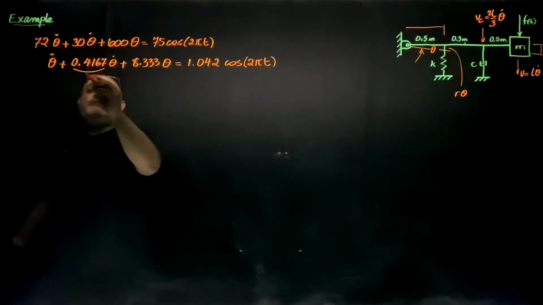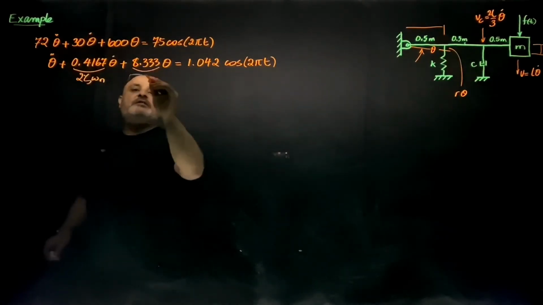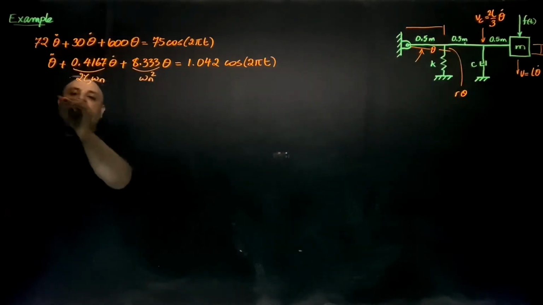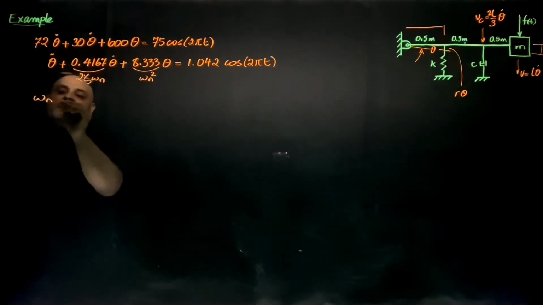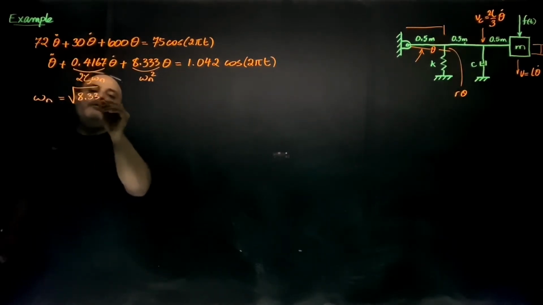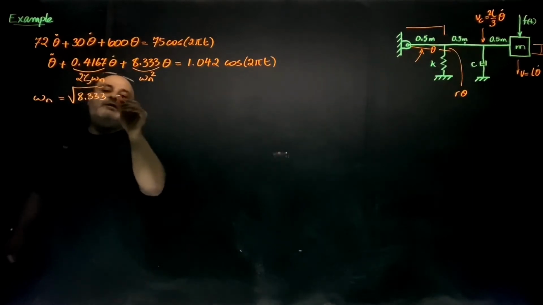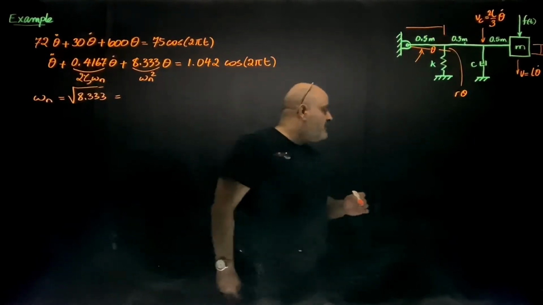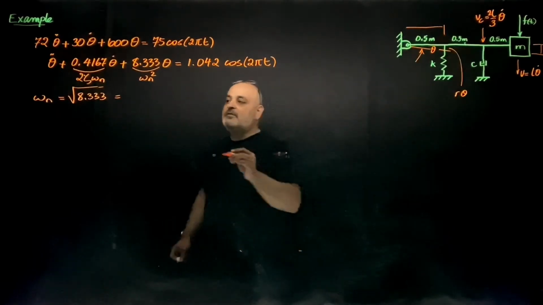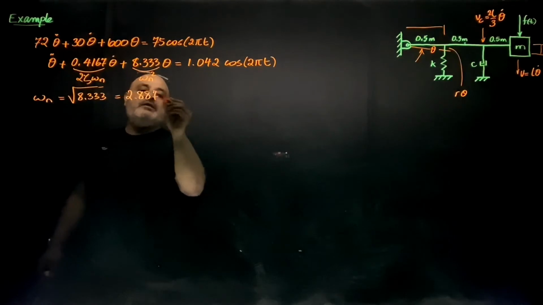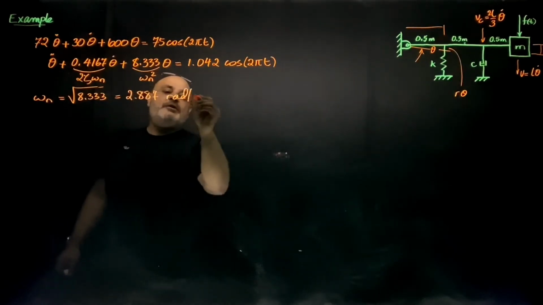Here, this is 2 zeta omega n, and this is omega n squared. So I can find omega n, which is the square root of 8.333, and that comes out to be 2.887 radians per second.